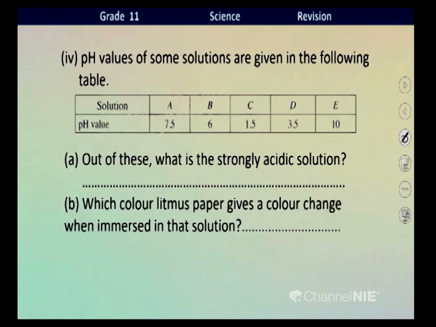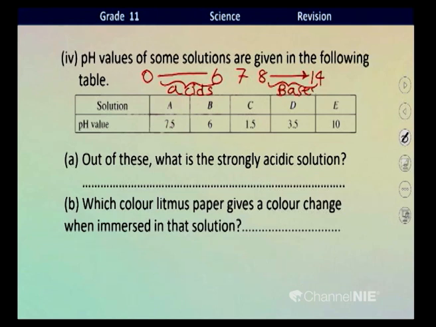You know that, right? If I write it here, children, when you start from 0 to 6, acids, and pH 7 goes for neutral solutions, neutral substances like water, and from pH 8 to 14, bases, completely bases.